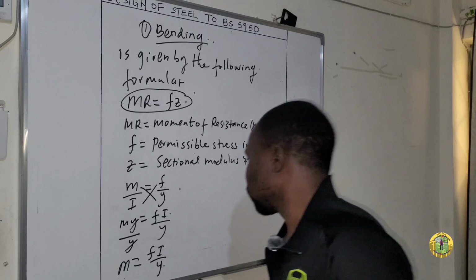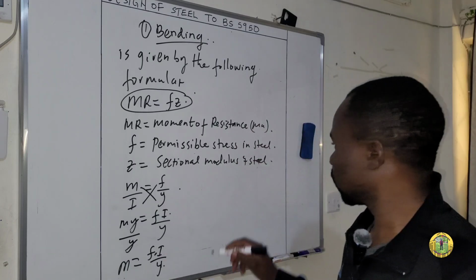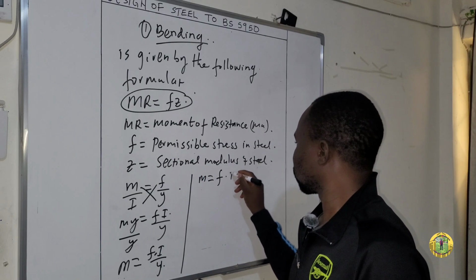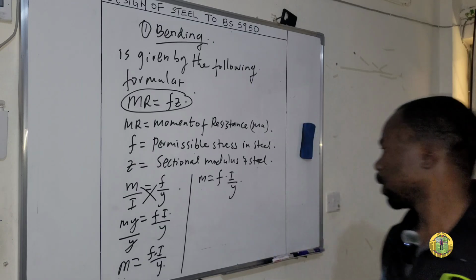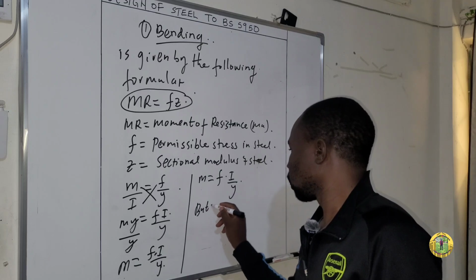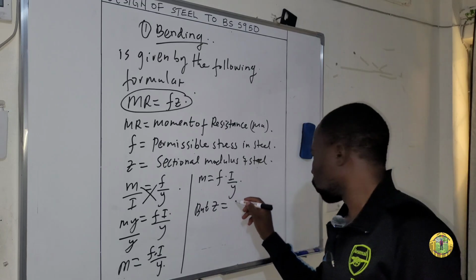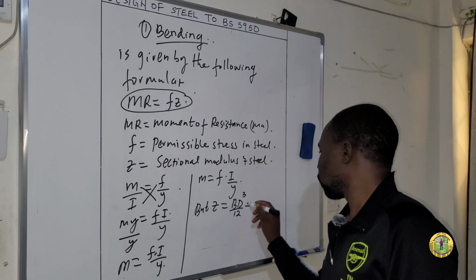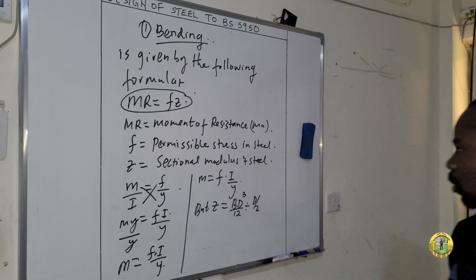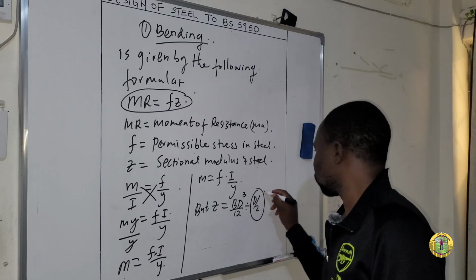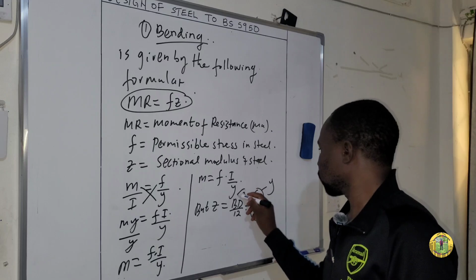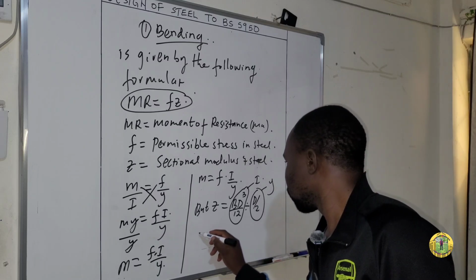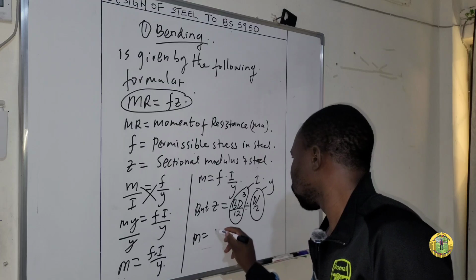So I will end up having M is equal to FI over Y. I can separate these two, F and I, so that I can have M is equal to F times I over Y. But Z is equal to BD cubed over 12 divided by D over 2, whereby this D over 2 is the Y, and the BD cubed over 12 is I. So the formula will be M is equal to FZ.